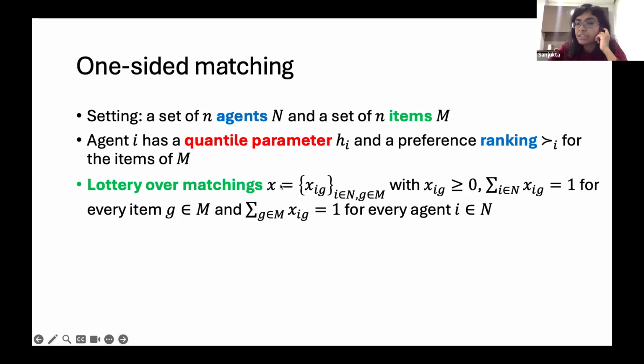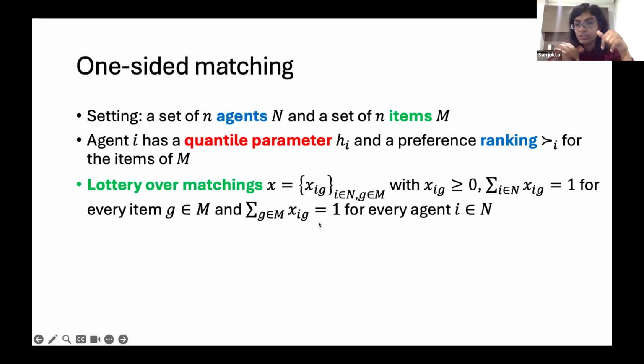That basically means that a lottery X looks like x_ig, where i belongs to N and g belongs to M, such that these x_ig values are at least 0, and the sum of x_ig over g for each i is 1, and the sum of x_ig over i for each g is also 1.